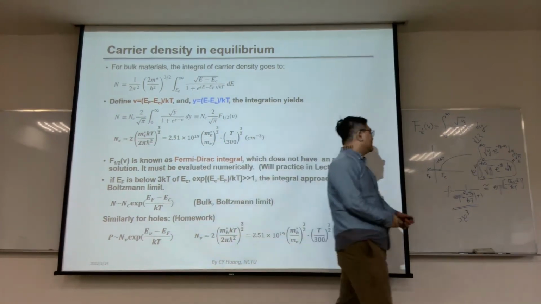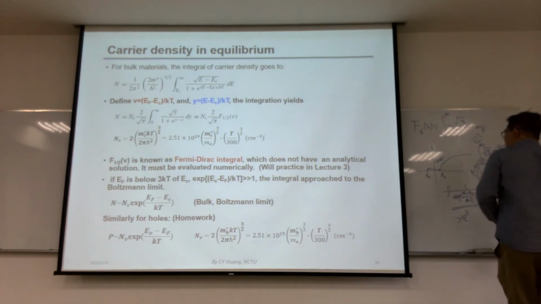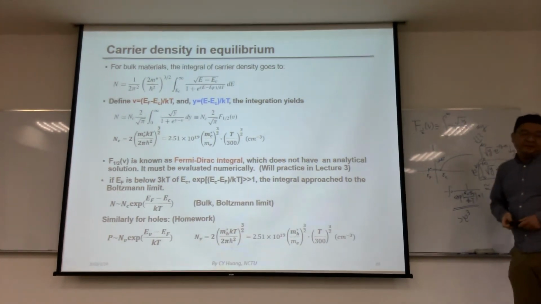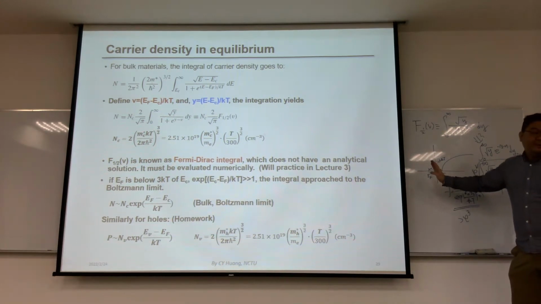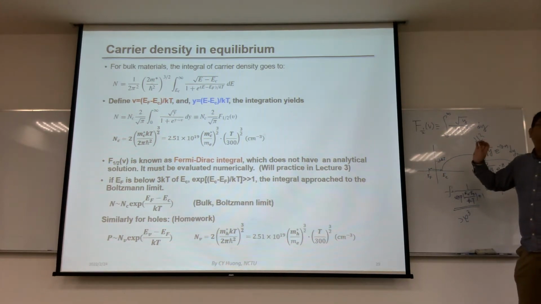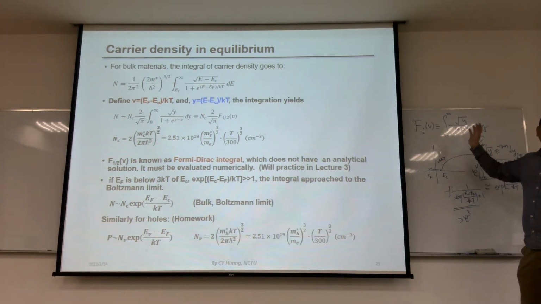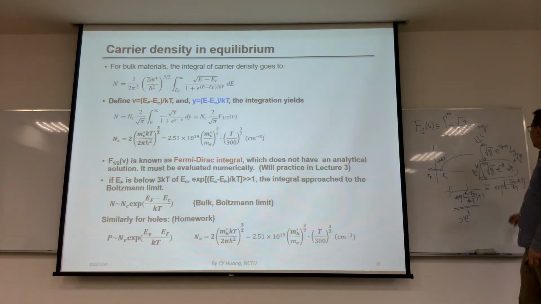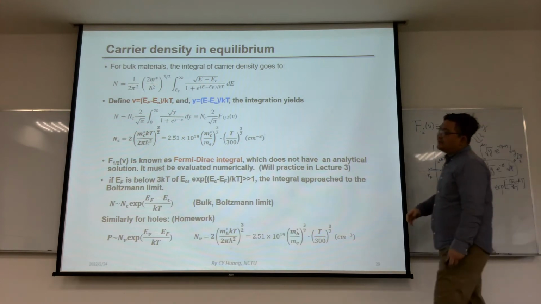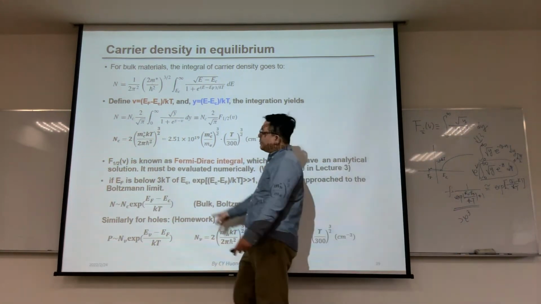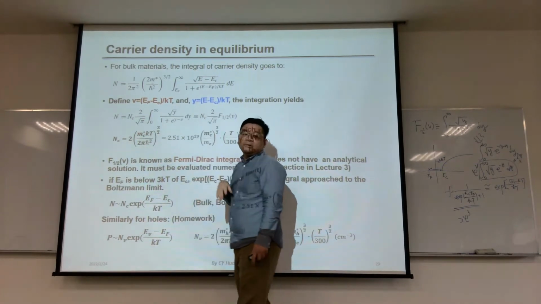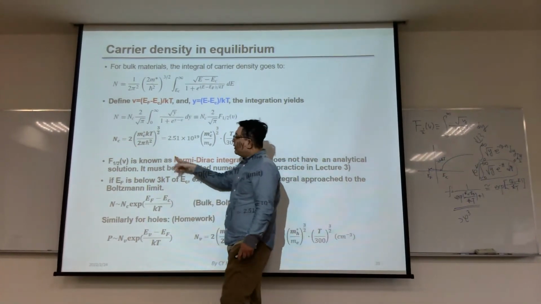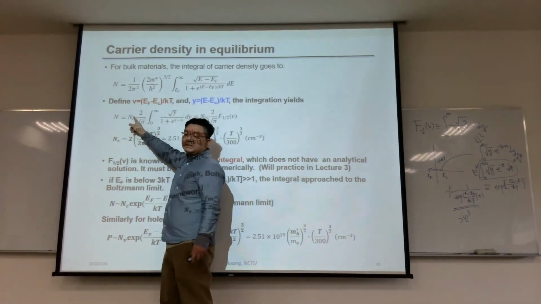Because we are approaching something called the Boltzmann limit, that means EF is still below EC by a few kT. That's a pretty common case. The integral value of half of square root pi cancels out the two, so it only leaves the rest of the constant.